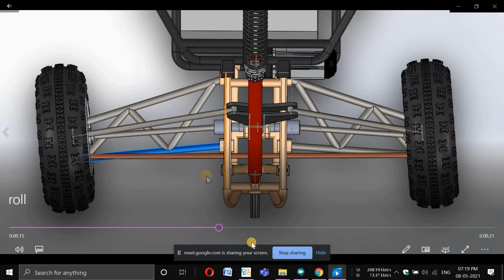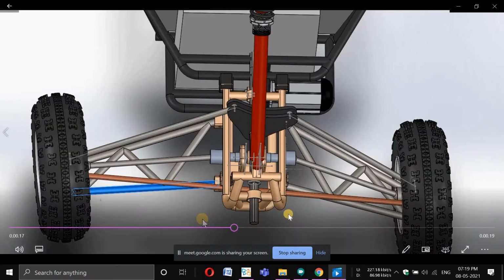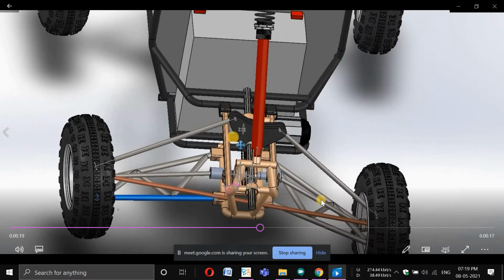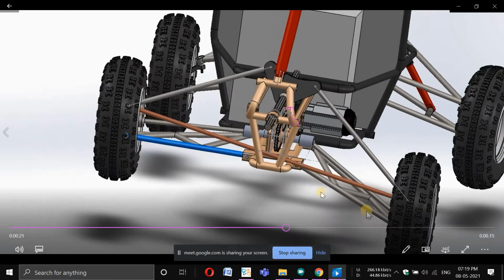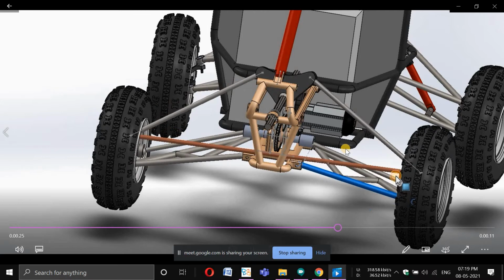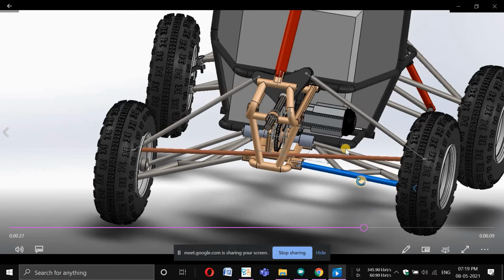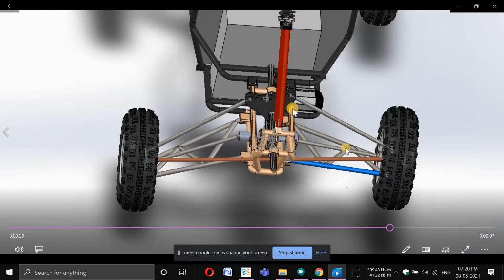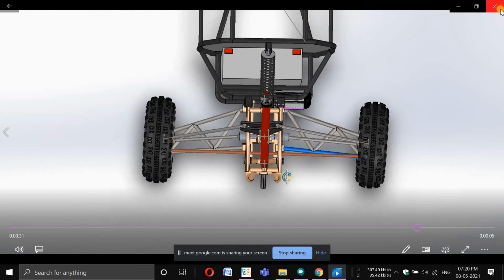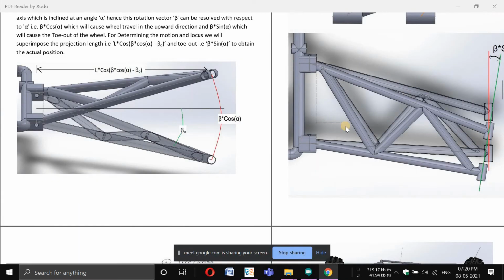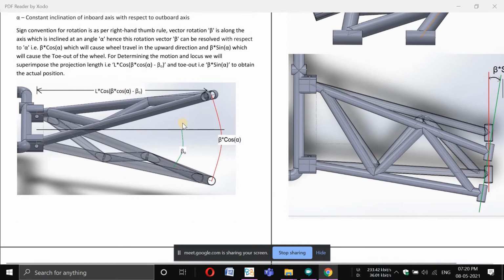So this property I have used. The next question was how can I physically interpret how much toe is generated and how much turning of the wheel is required, and also how can I obtain that much amount of turning?